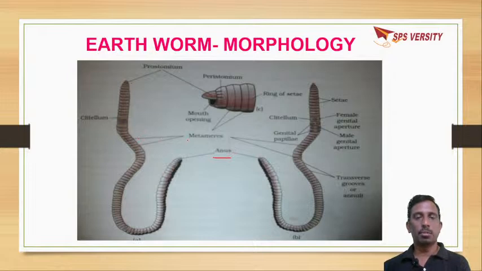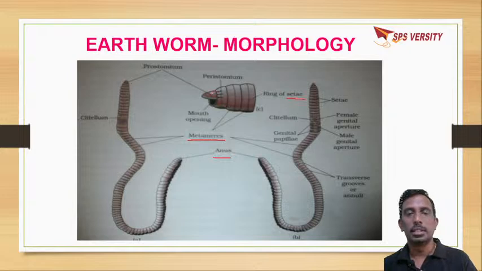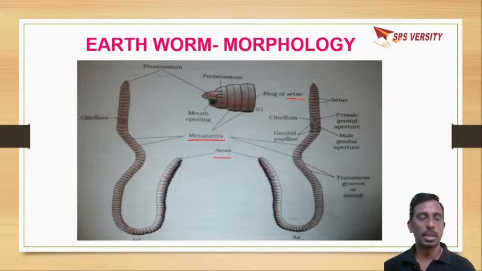These segments are called metameres, and each segment, except the first and last, has the locomotory organ, setae. The opening of the mouth is guarded by peristomium.